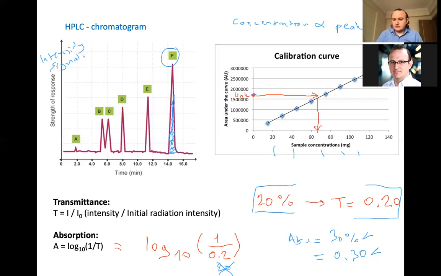And in the advanced instruments, the calibration curve is somehow defined to the software, like the spectrophotometer or HPLC. So the instrument holds the information about the calibration curve itself, and when you inject or supply new data of an unknown sample, it calculates the concentration and tells you immediately by using the calibration curve itself.